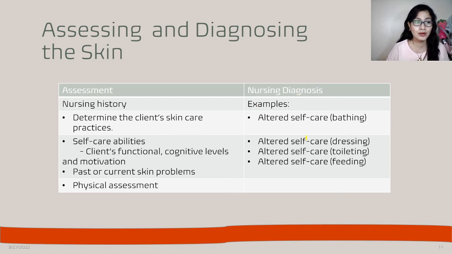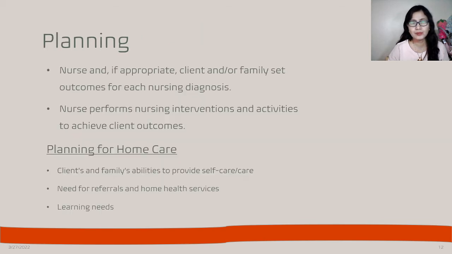These are just sample statements, not necessarily complete yet, because again, we need a thorough assessment. Examples: altered self-care, specifically bathing, if that's the case. Also dressing, toileting, or feeding. That's the particular functionality that you must attend to.